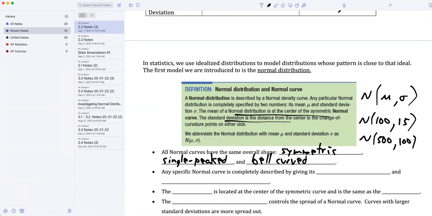Bell shaped. Any specific normal curve is completely described by giving two things: the mean, mu, and standard deviation, which is sigma.